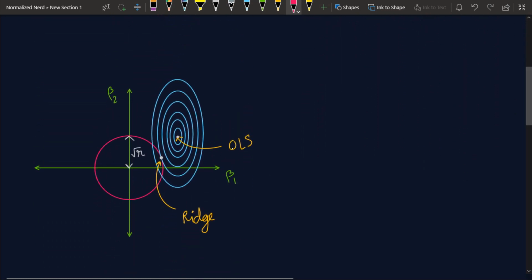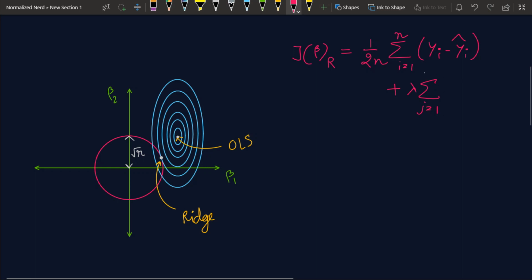Don't focus on this plot now because I will explain it later. So here I'm just writing R as ridge. It is equal to, well, the same thing I have to write again, plus we are adding here beta j squared.